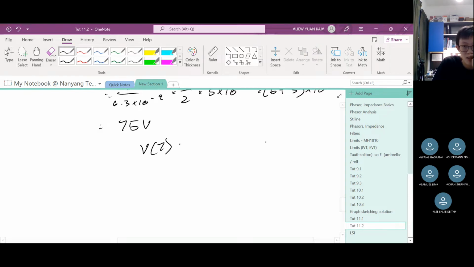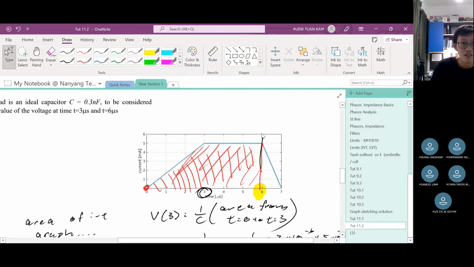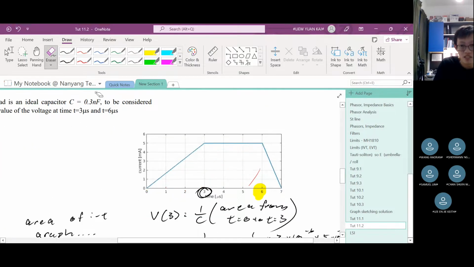So V7. That means I take 1 over C times area from t equals to 0 to t equals to 7. So you plug in the numbers. What does that look like? The area will look like this. So erase this.